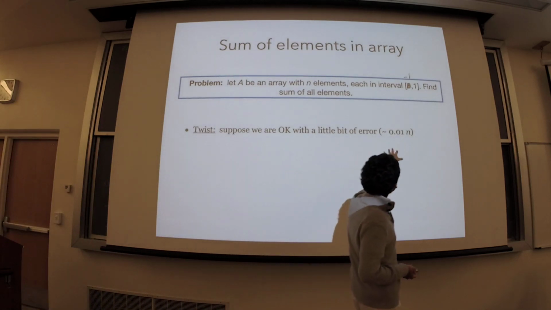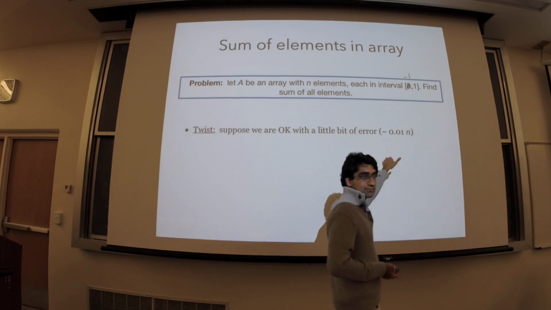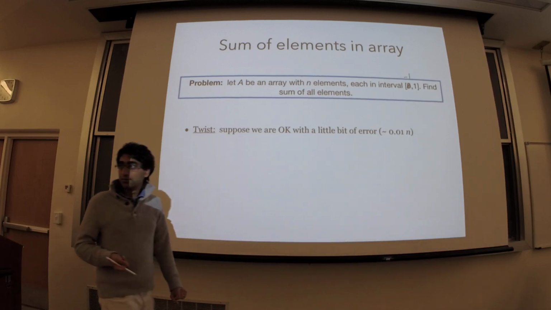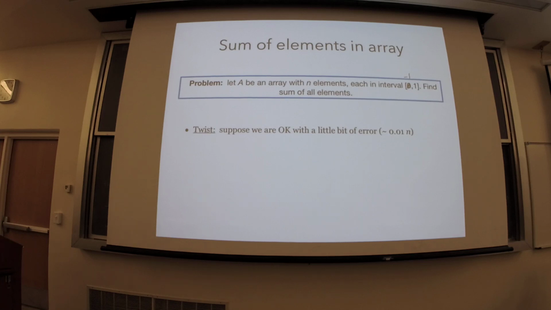So you're okay with an error of something like 0.01 times n. Okay, so the range of the sum, note, is that the sum ranges from minus n to n. So this is the range of the sum. So 0.01 n is not too big compared to the range of the sum, right?